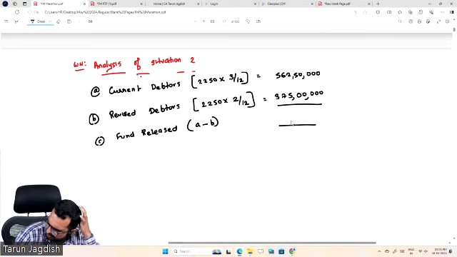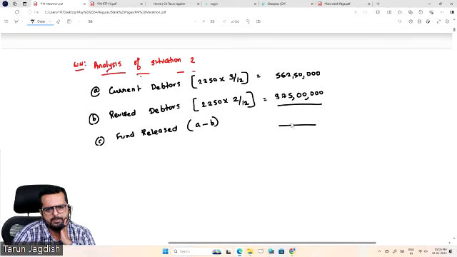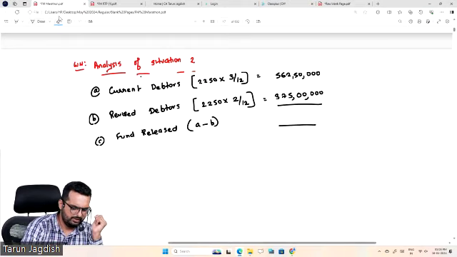Wait, there is a difference coming in over here. 5% decreases. Okay, wait. When the sale decreases by 5%, selling price or sales volume? Sales means sales volume. So when the sales volume decreases, your material cost will also decrease. So we have to prepare a separate cost sheet for that first, I believe, right? Fantastic question, friends.